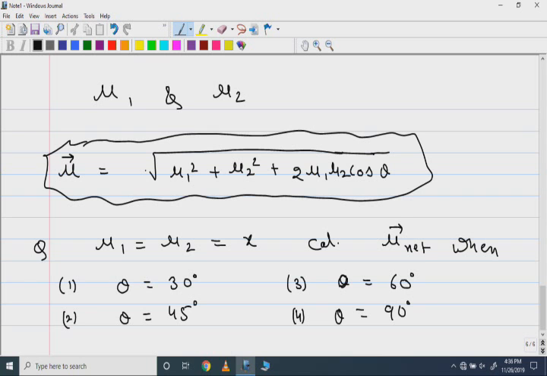After that, I'll solve this and we will conclude something on the basis of this. Very important part.